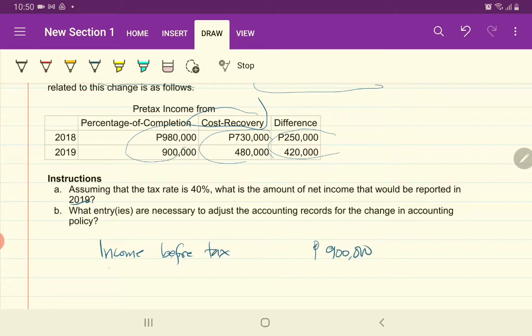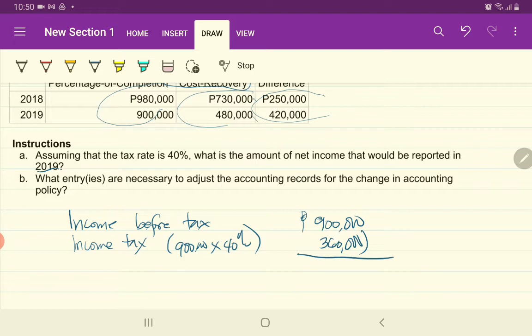Okay, pila man atong income tax? Siyempre, 900,000 times 40%. That is equal to 360,000. So, 540,000. This is our net income under the percentage of completion for 2019.